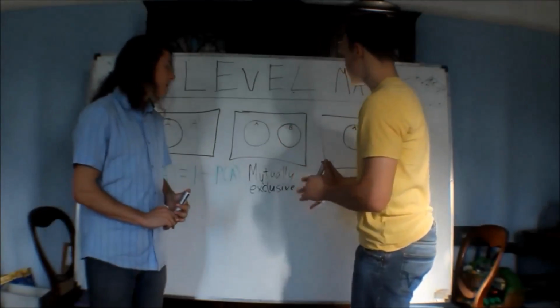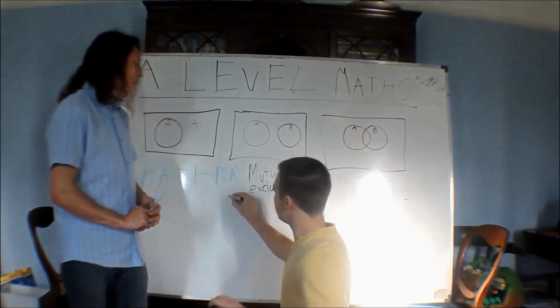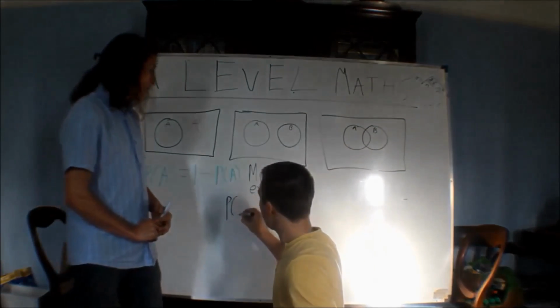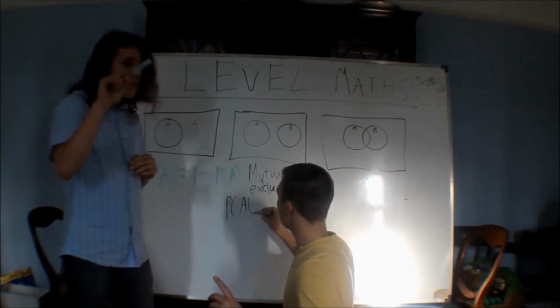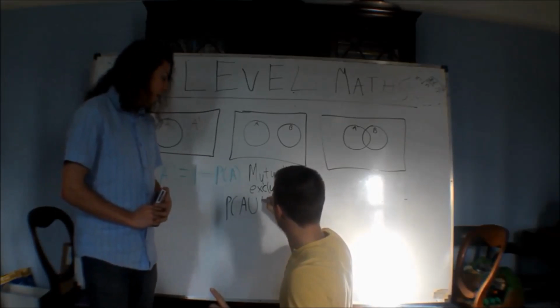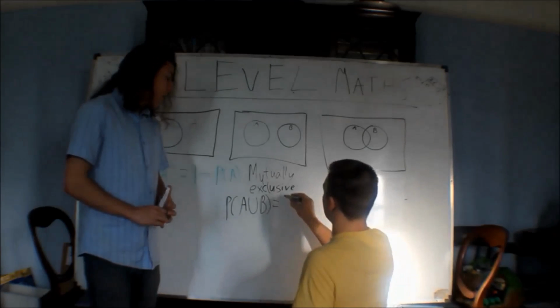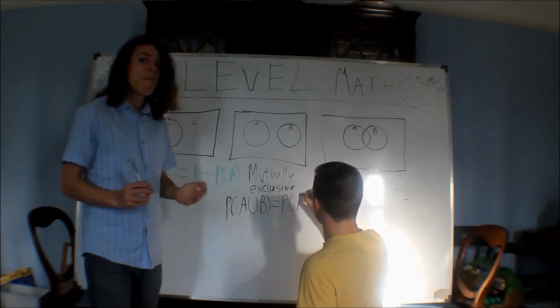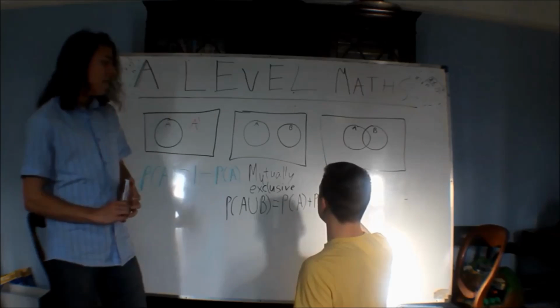Yes. And there's an equation for that, and a little new notation. There is. The probability of A or B, which is represented by a smooth U, is equal to the probability of A plus the probability of B, if they are mutually exclusive.